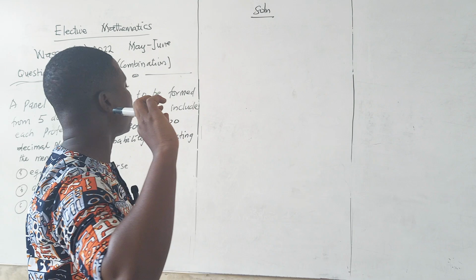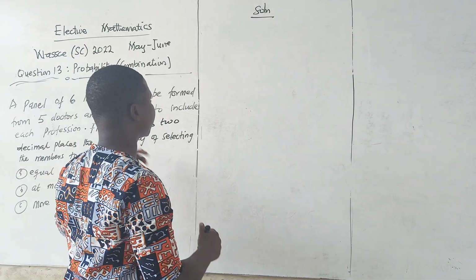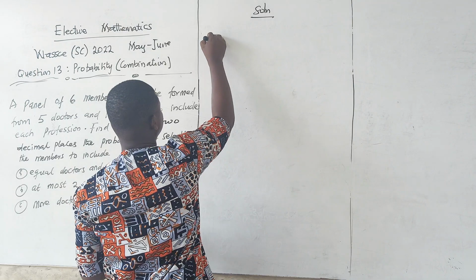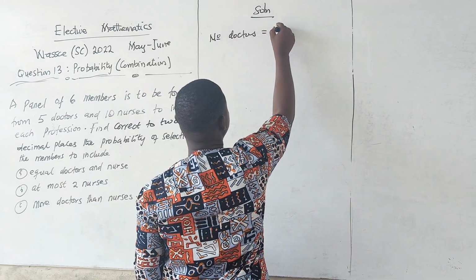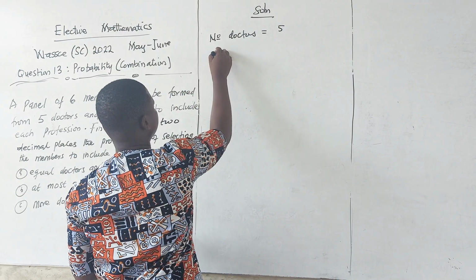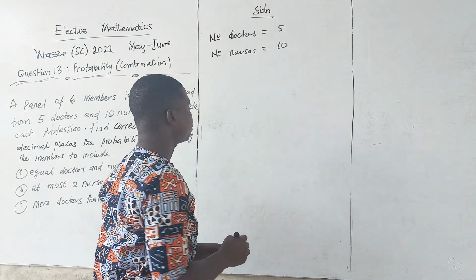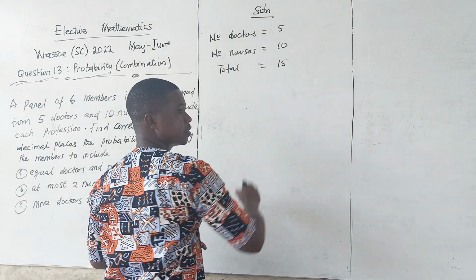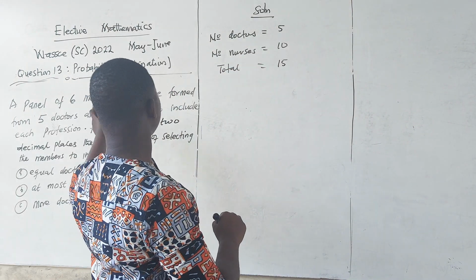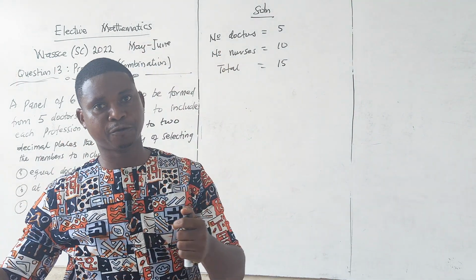The number of doctors we have is 5, and the number of nurses is 10. So their total is 15. With this total, we are going to select 6 people from it.